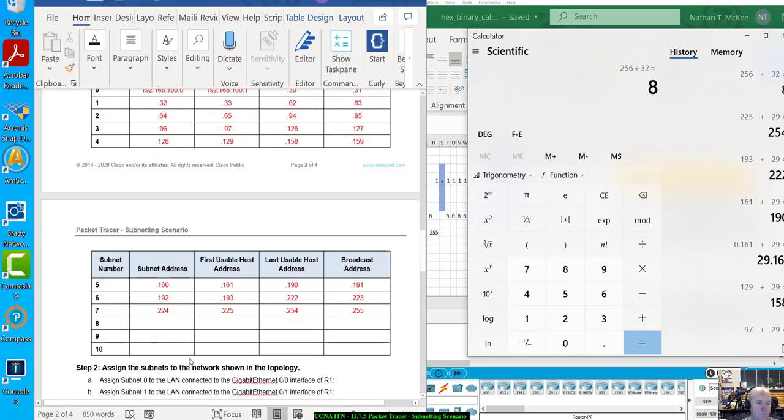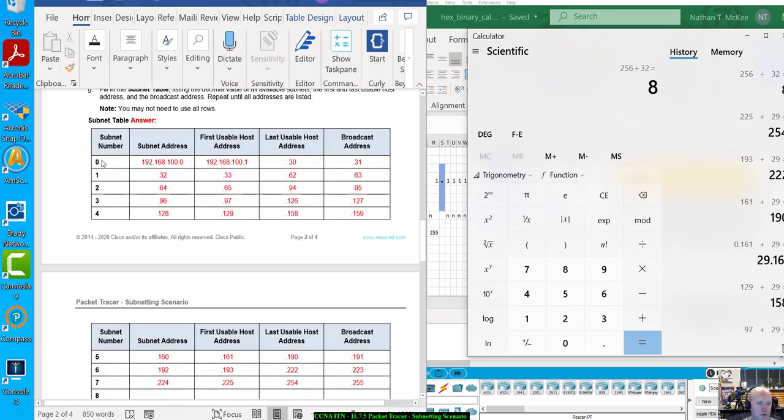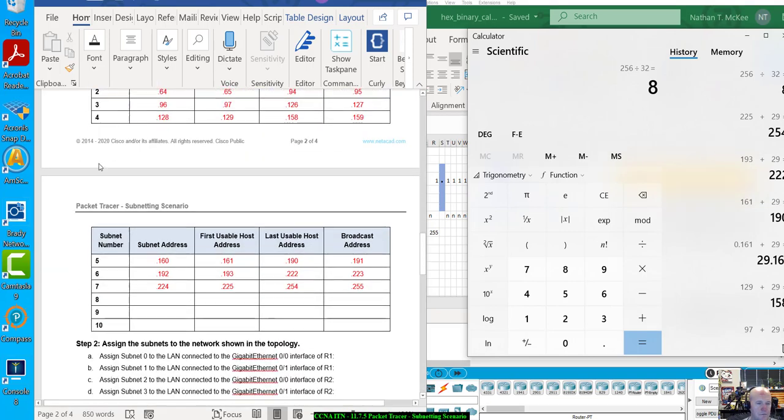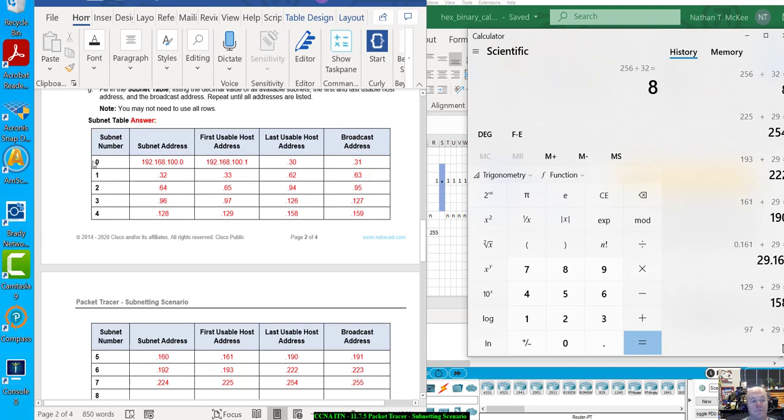I know that's confusing when it starts out counting, because you could say the first subnet is number 1, but it's actually subnet 0.